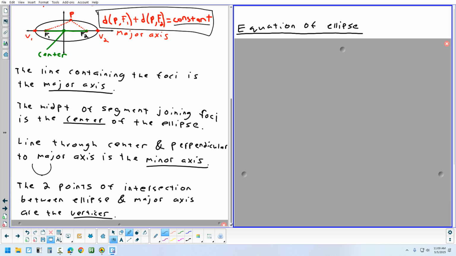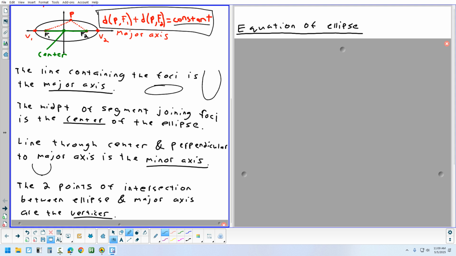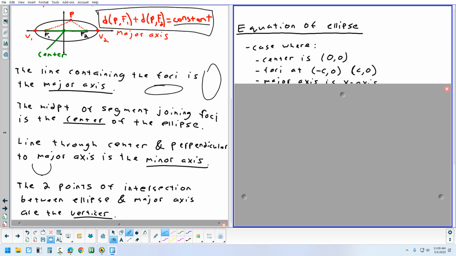So there are only really two different kinds of ellipses. Either the kind that looks more horizontal, or the kind that looks more vertical. We're going to start out by looking at the kind where the ellipse is more horizontal.